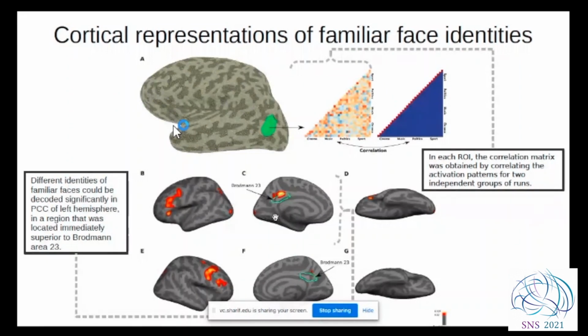So what we found was that, again, a region within posterior cingulate cortex contained information about familiar face identities. And also we had regions in frontal cortex that contained information. So with this analysis, we basically looked at which parts of the brain could distinguish individual faces.